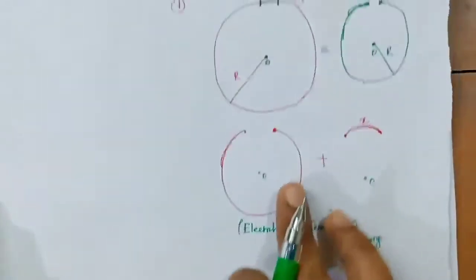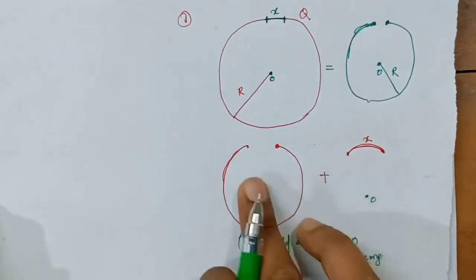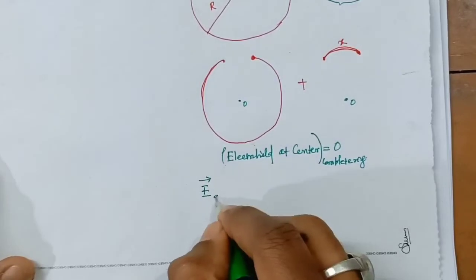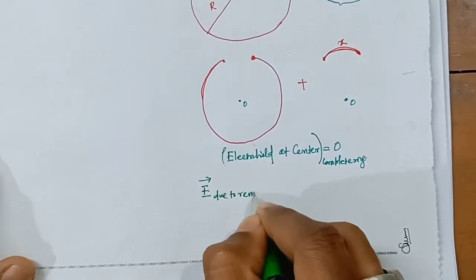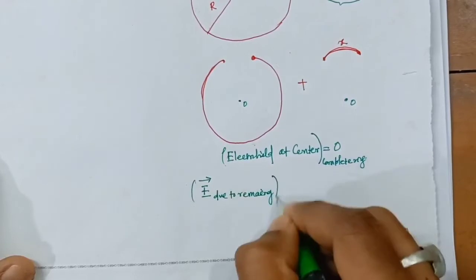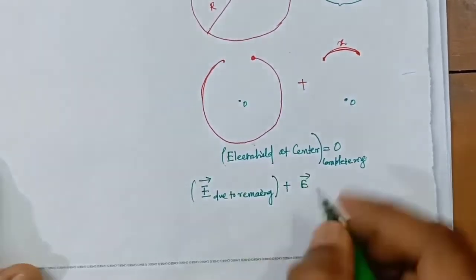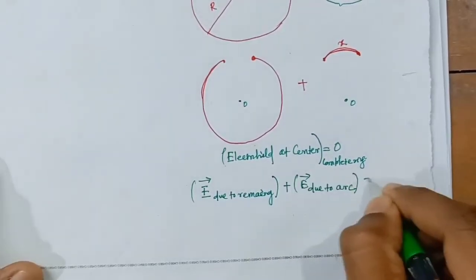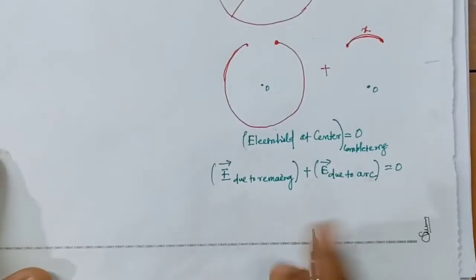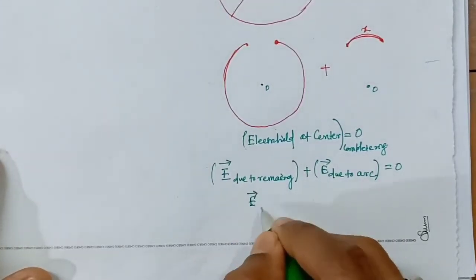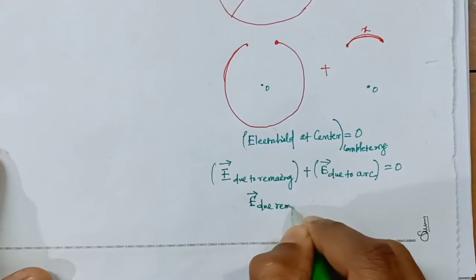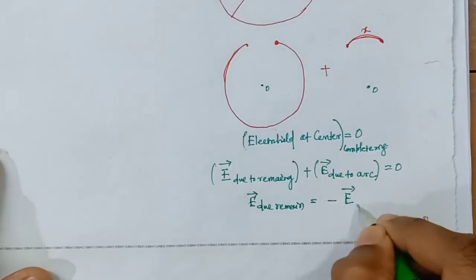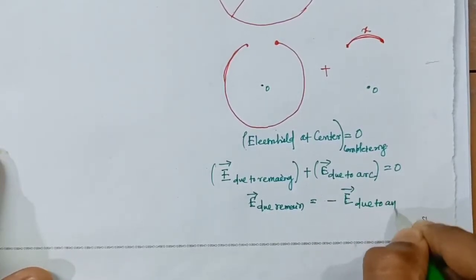And this complete ring is a combination of these two scenarios, that is, electric field due to remaining part plus electric field due to arc equals 0. If this is the scenario, I can say electric field due to remaining part is nothing but negative of electric field due to the arc.